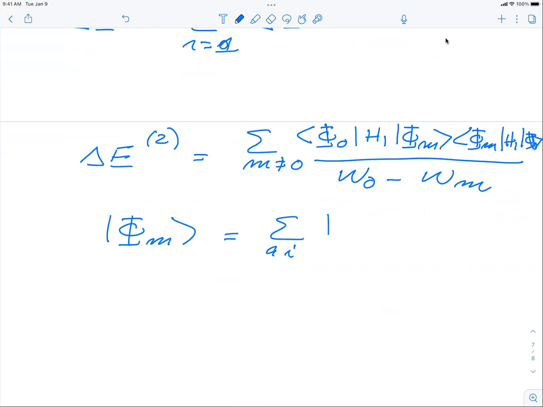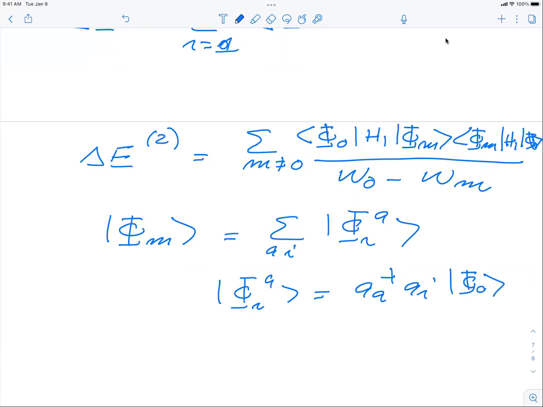But now this is just a plain Slater determinant. And this could be this guy here, right? Which we have met before. And this phi of I of A is nothing but a-dagger A a I acting on the ground state. So that's one possibility.